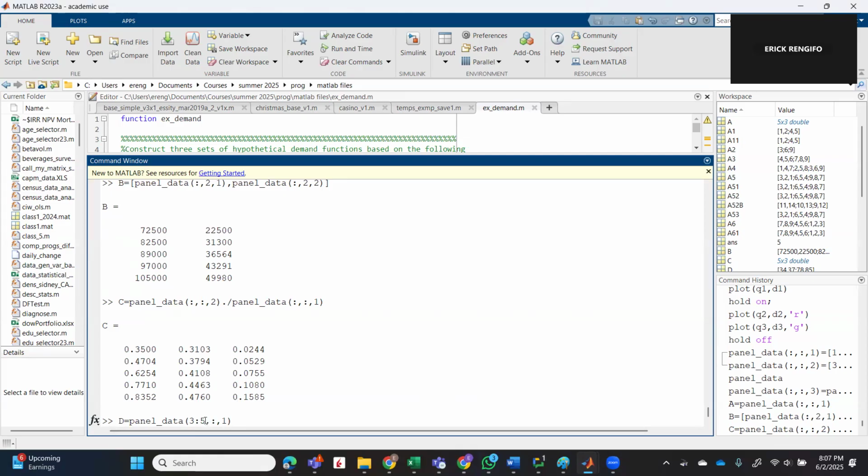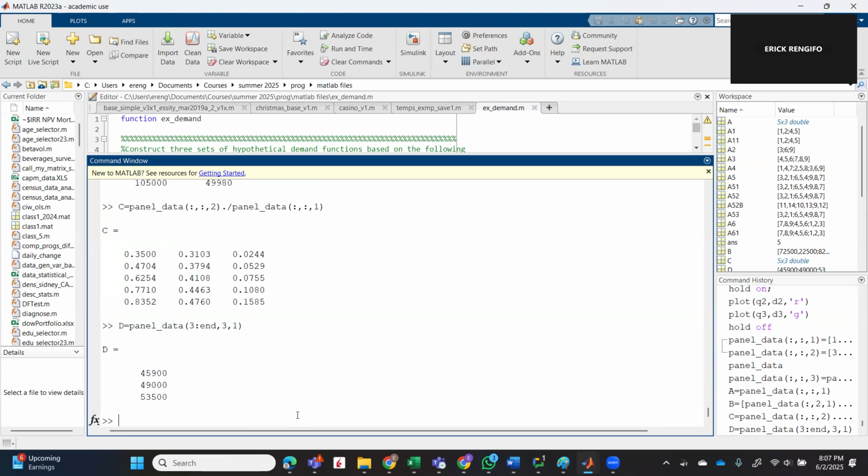Okay, now when 5 is the last one, we can use something called end, in small caps. 3 to end, and MATLAB is also going to understand that. Okay, 3 to the last of the rows, the last 3 years. Individual number 3, and we're talking about income. So this is 1, correct? Here you go. Yes. Perfect.